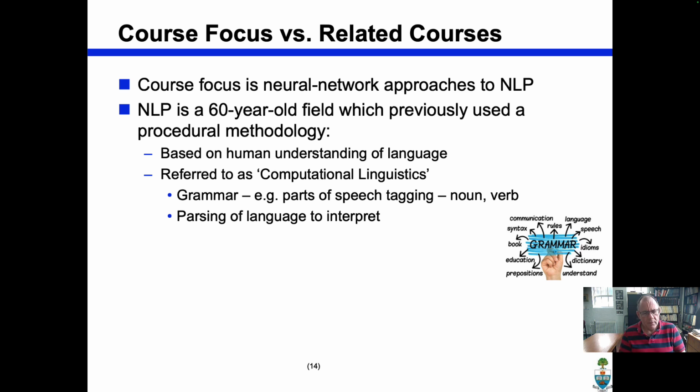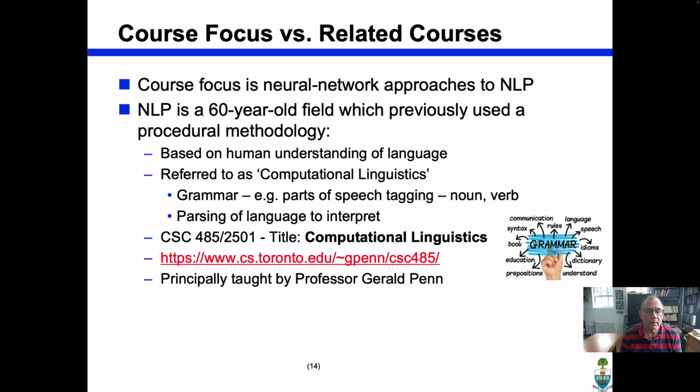And they would parse word by word and create tree-like structures to describe what was being said, or what was wanted to be said. And the course, CSC 2501, the graduate course, which has an equivalent undergraduate course in computer science, computational linguistics, focused in this area.